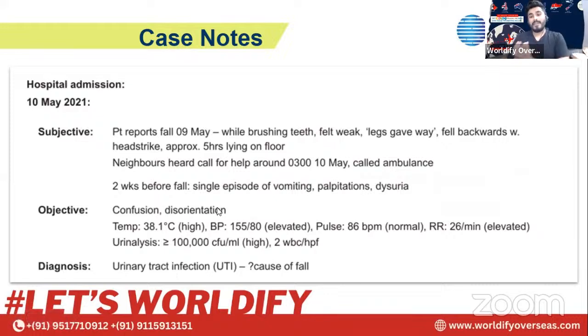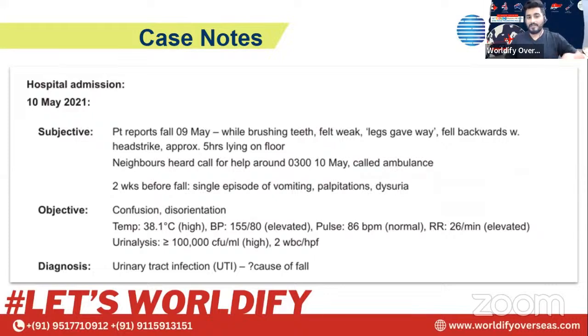Now, many students will think they should write these objective vitals, but that doesn't have anything to do with the community nurse and his aftercare, because this is all past. He was disoriented and confused on the 10th of May, not today.